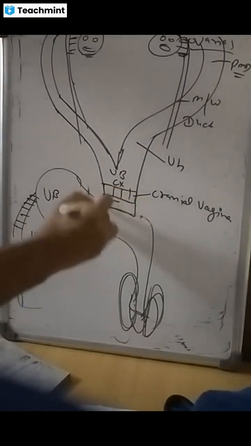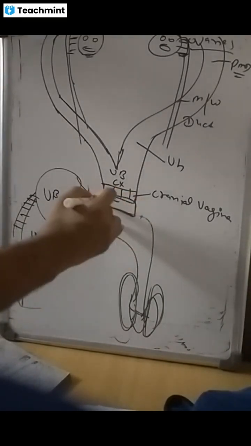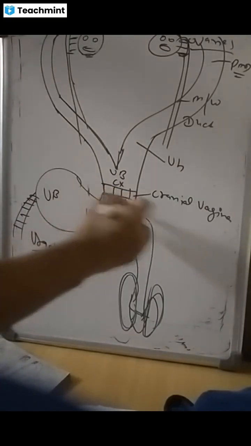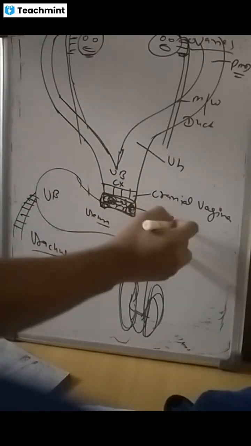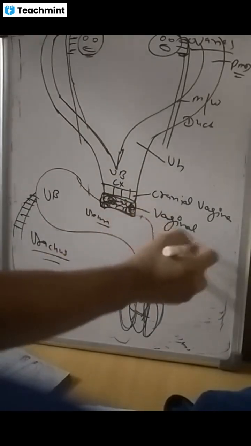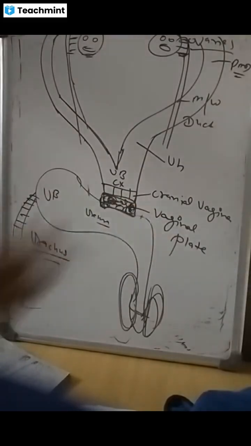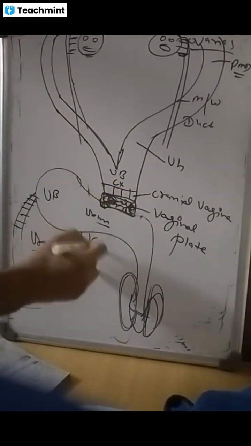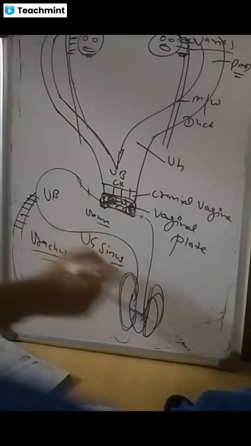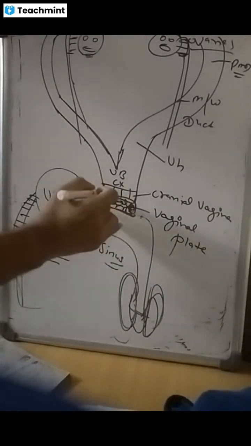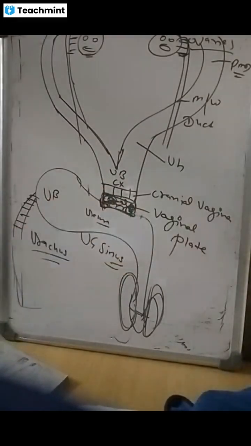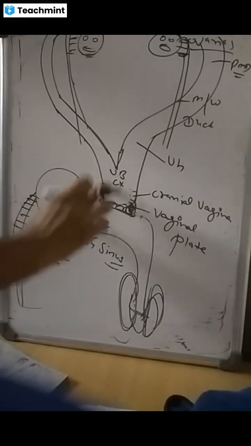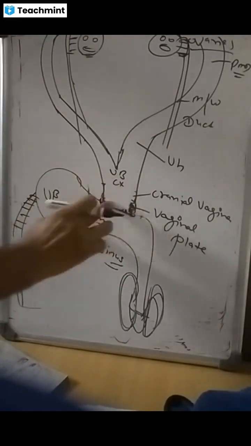Sinus. This part proliferates and forms a structure, the vaginal plate. This vaginal plate with the urogenital sinus fuses with the cranial vagina. After fusion, the lumen becomes canalized.